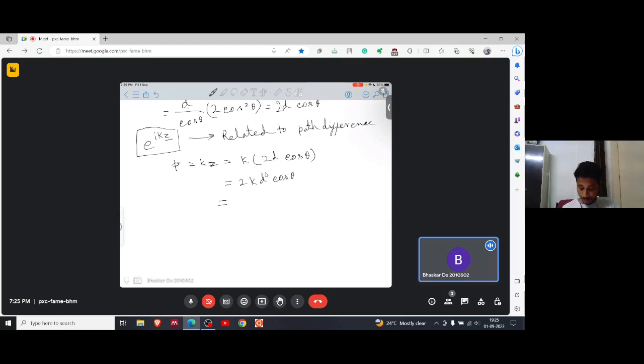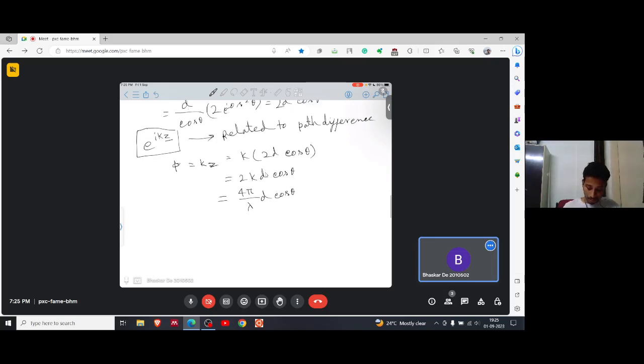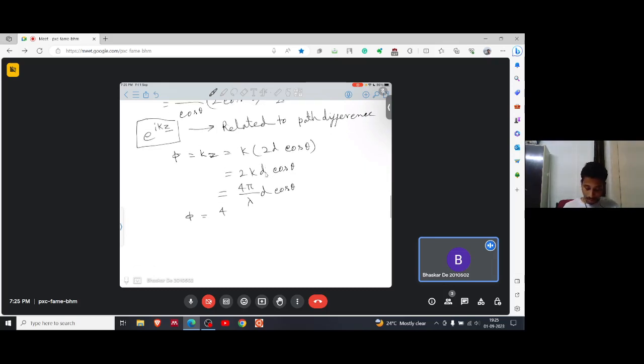Now if I replace k by 2 pi by lambda, that will be 4 pi by lambda D cos theta. So this is the value of phi. I'll just write the value of phi again: 4 pi D by lambda cos theta.